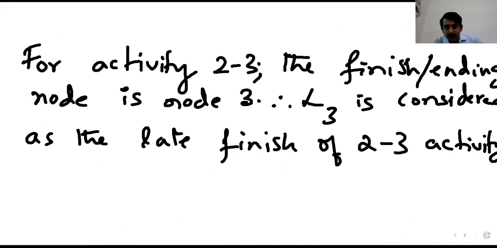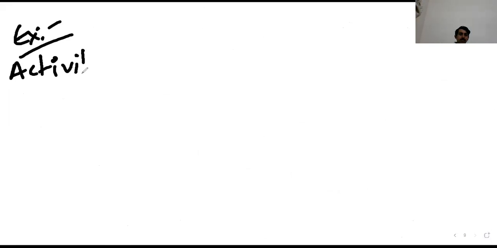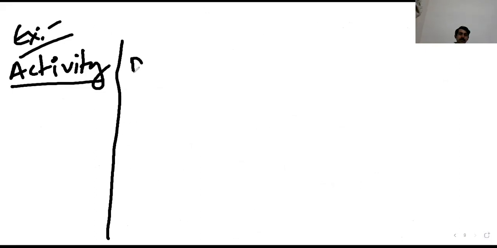Okay, so what was the last problem on, or else we'll solve the next problem. Just make note of this problem. Okay, again the same question. You have to determine the late start and late finish for each of the activities, and duration will be in terms of days.